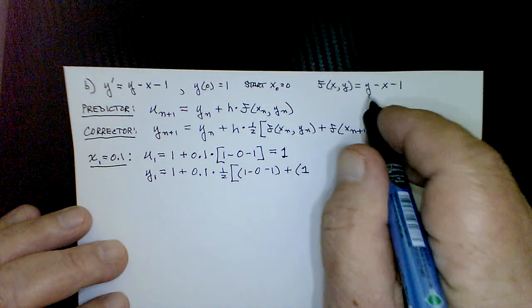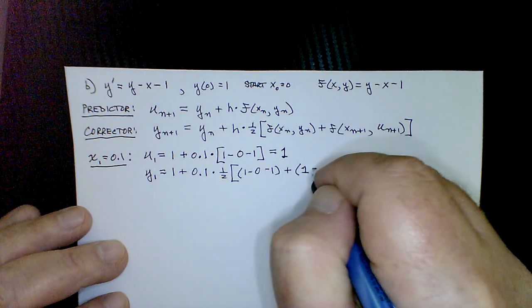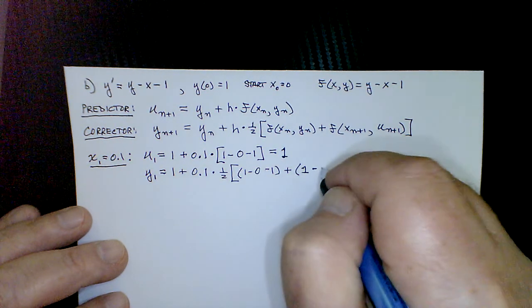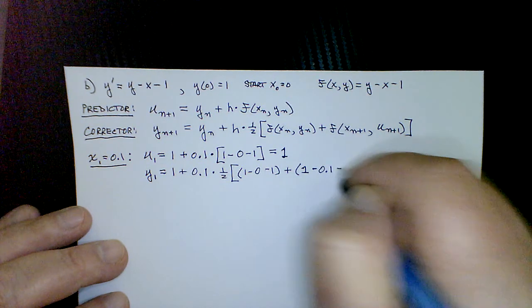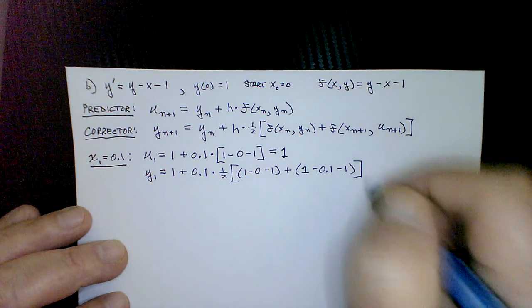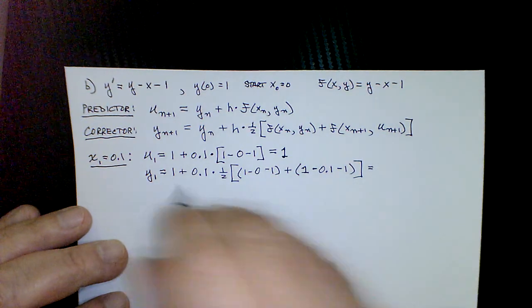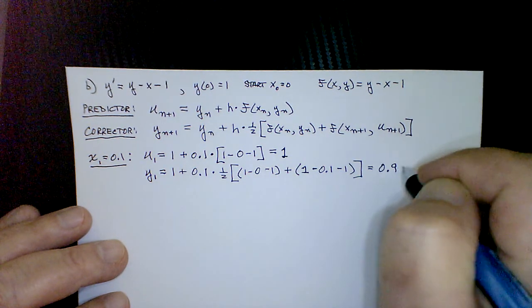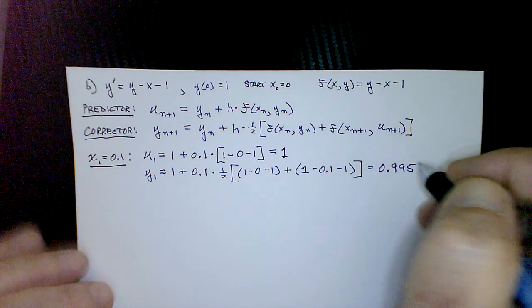So that's that 1 minus the x, which again was the new step to 0.1, and then minus the 1 that's part of the formula. Okay, so then obviously you're going to get a calculator, crunch that down. You should come up with 0.995.